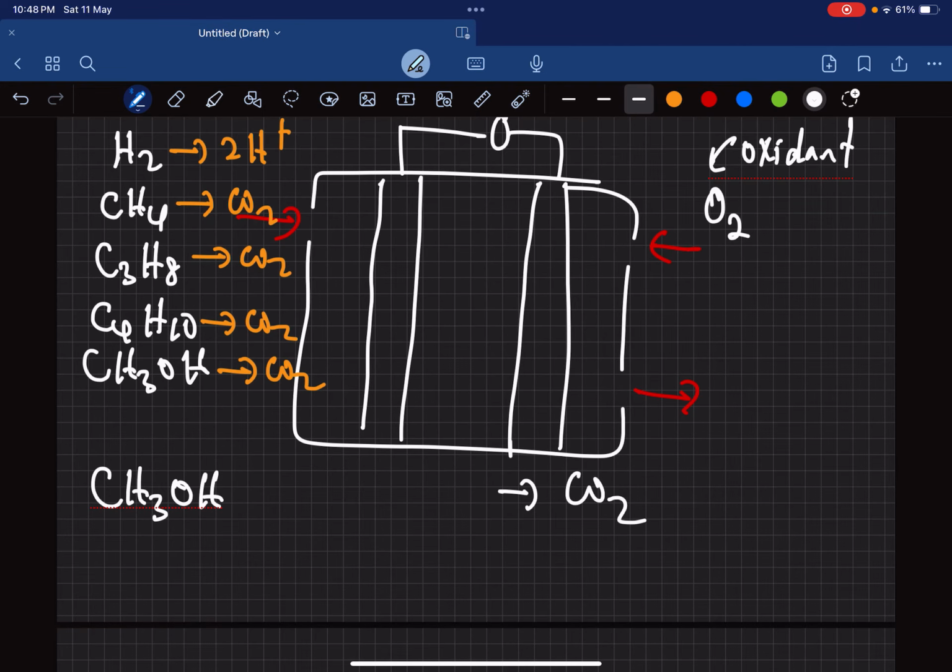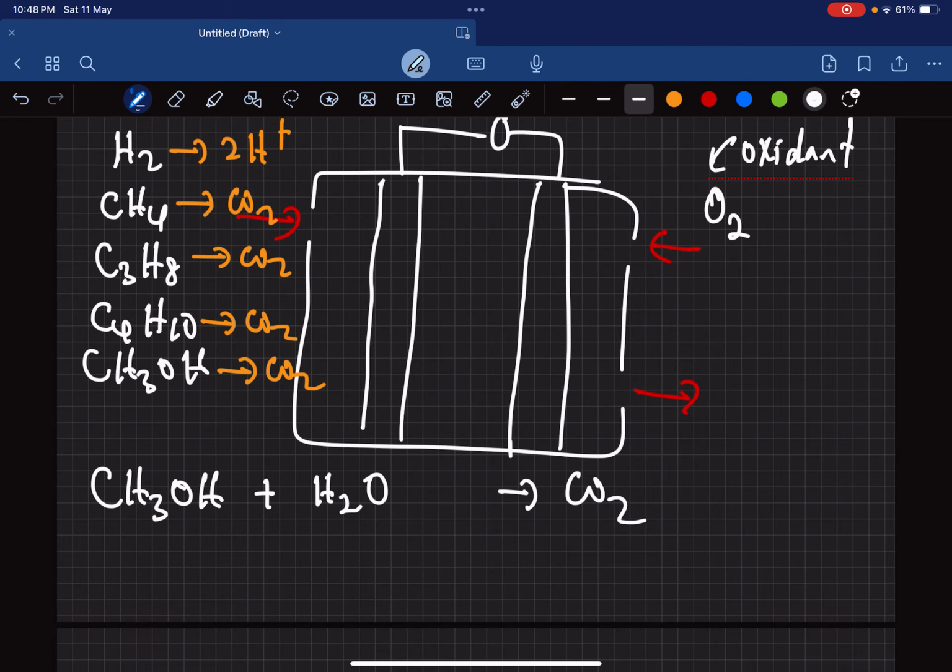Make sure the number of carbons are the same. Priority number one is all atoms except oxygen and hydrogen. So one carbon. Next is oxygen. There is one oxygen on my left and two oxygens on my right. Oops, sorry, I made a mistake. I'm going to put water here to balance the oxygen.